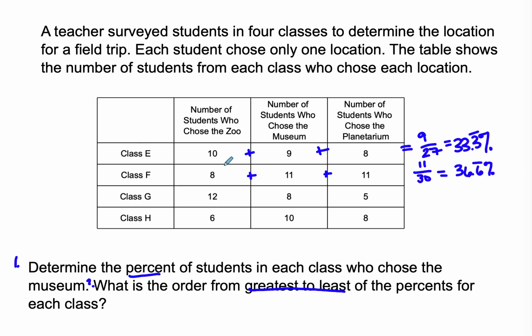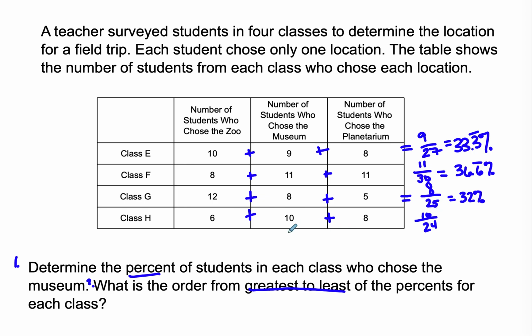All right, let's keep going. 12 plus 8 is 20, plus 5 is 25. So you should have had 8 over 25. 8 divided by 25 gives us 32%. And class H, let's see. 6 plus 8 is 14, plus 10 is 24.